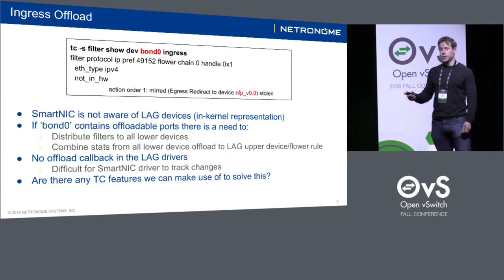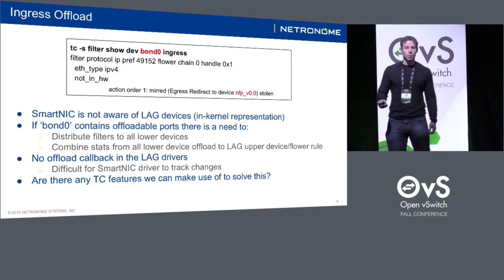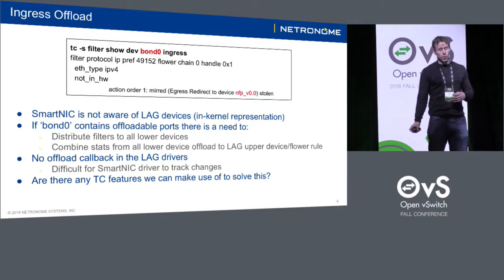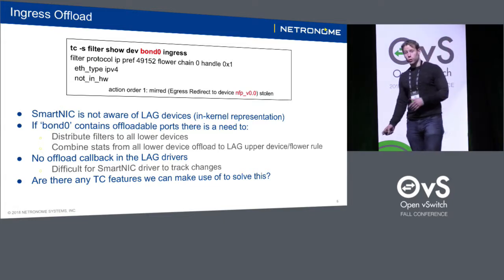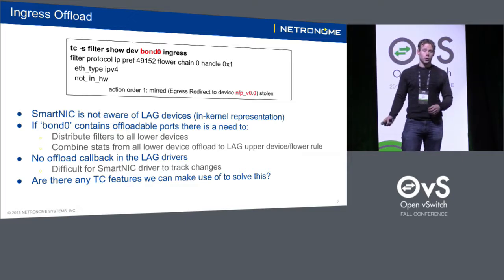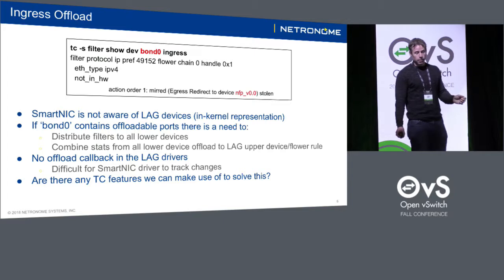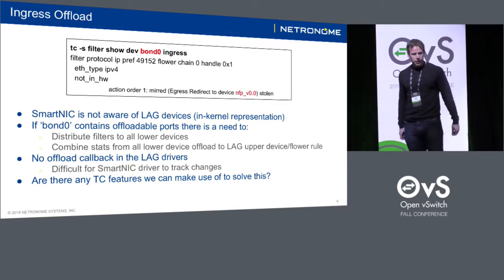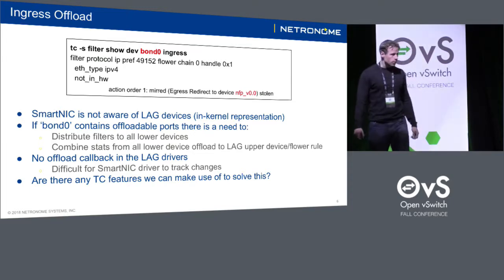Ingress offload is more difficult and therefore probably more interesting. So I term ingress offload when we actually want to apply rules to a given bond that may have offloadable underlying ports. So we have an example here where packets are coming in a given bond and doing some action and outputting somewhere.